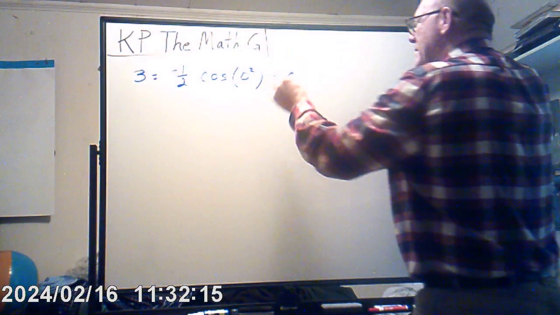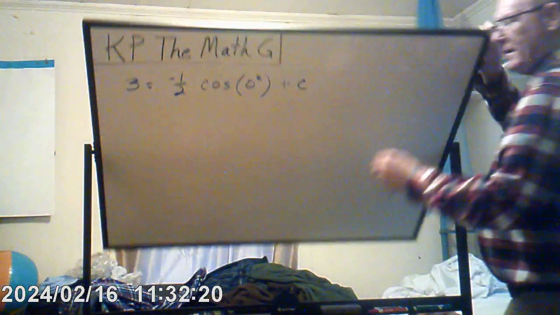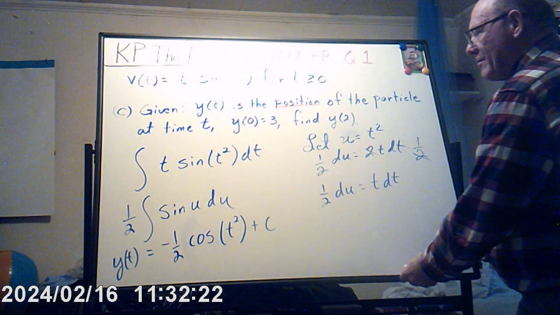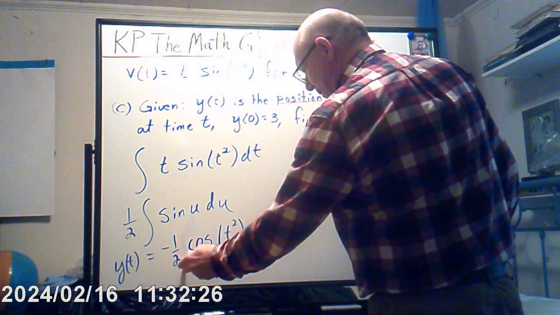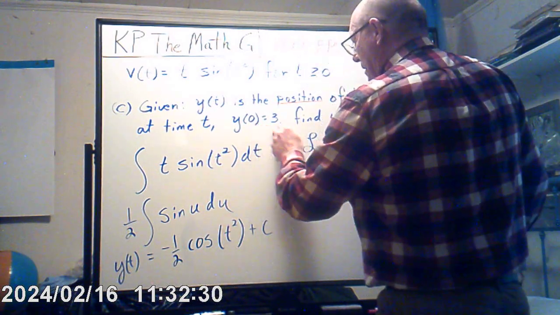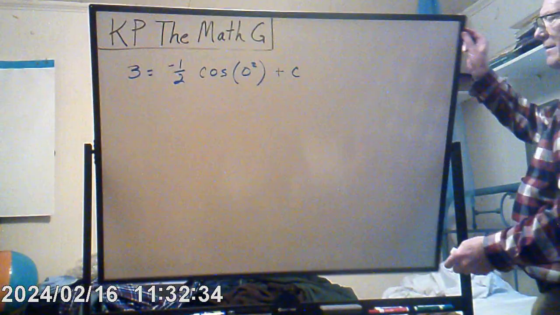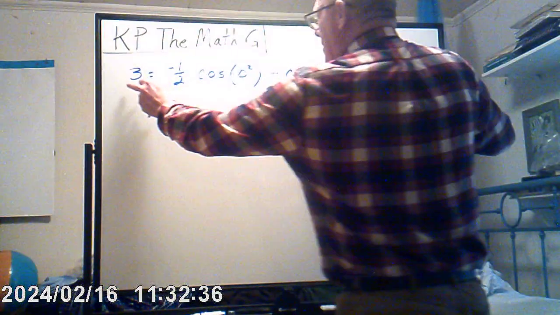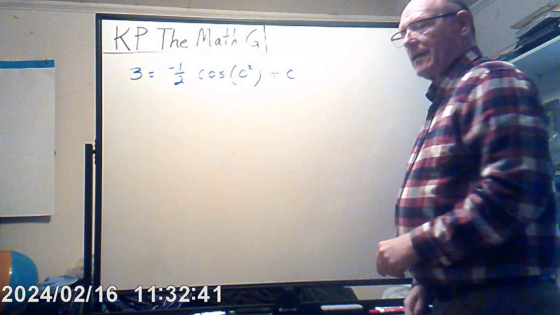Looking at it again to make sure I'm right: negative 1/2 cosine t squared plus c, y at 0 is 3. Putting 3 here and 0 here, that's how you set it up.